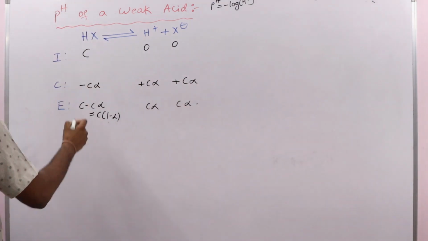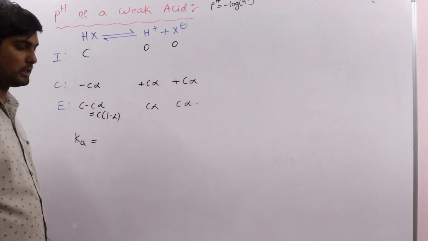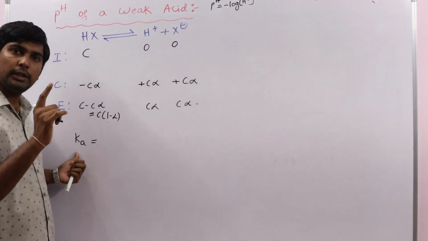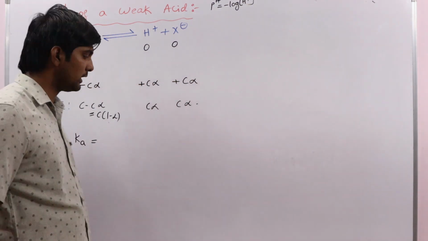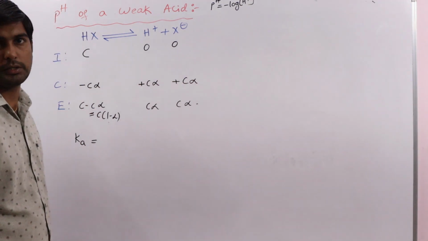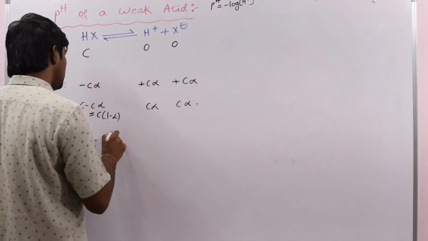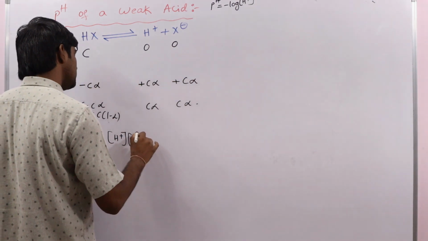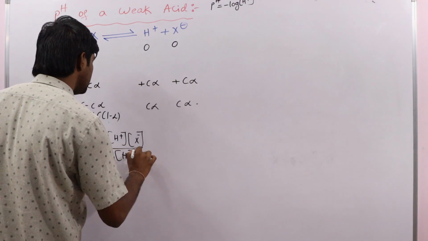If you write the acid dissociation constant or ionization constant for a weak acid, what is Ka? Remember that this is also one type of equilibrium constant only. So how can you write it? Concentration of H plus ion into concentration of X minus by concentration of HX.